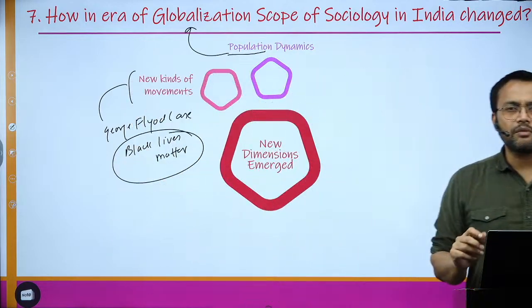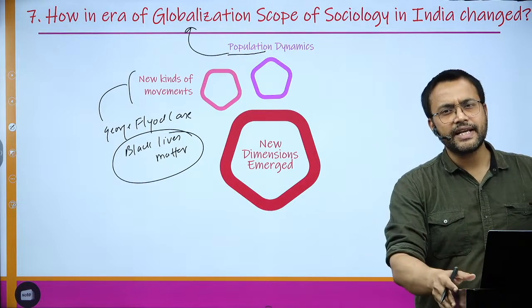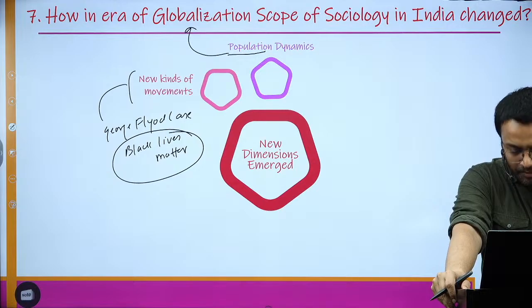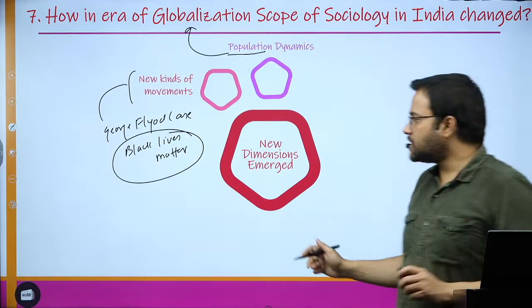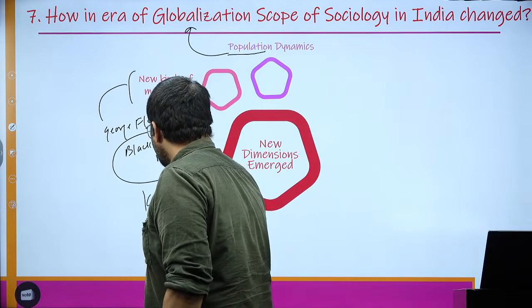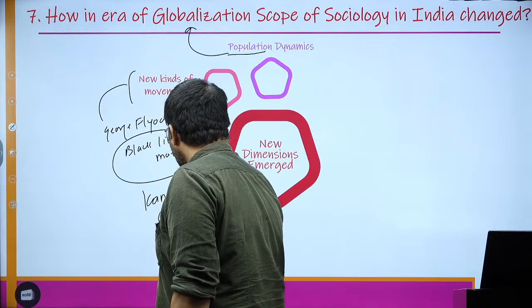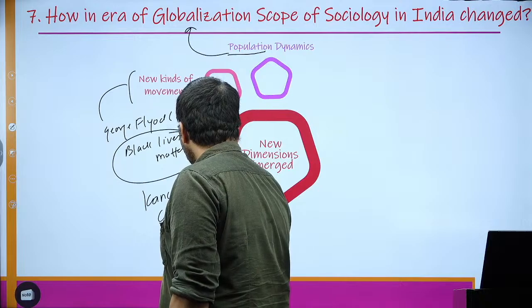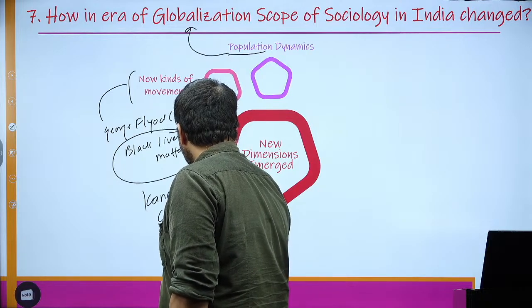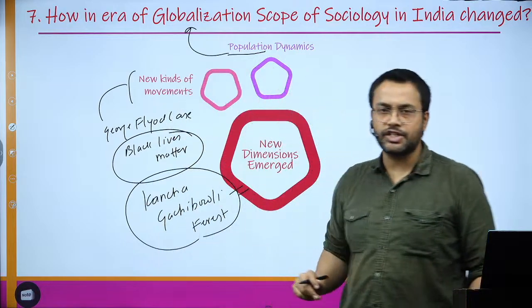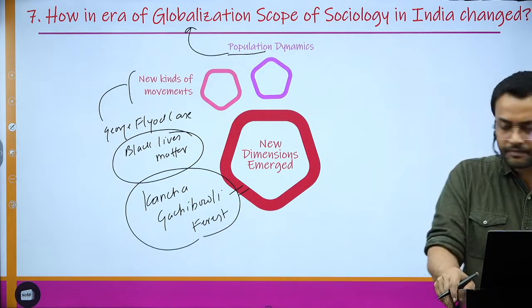Then you can also talk about certain environmental movements, like the Niyamgiri Hill movement. You can also talk about a recent movement, the Kancha Gachibowli forest movement, a movement to protect this forest against deforestation. All these things you can talk about.